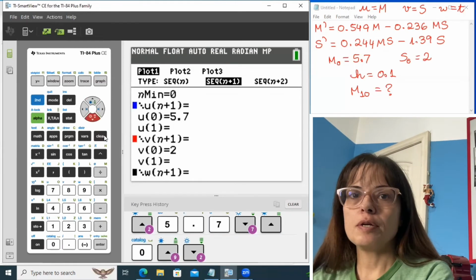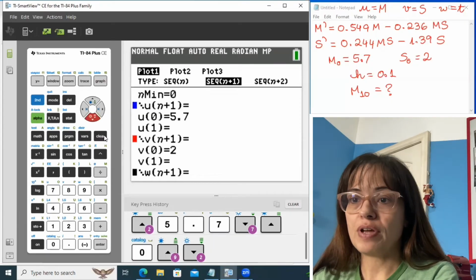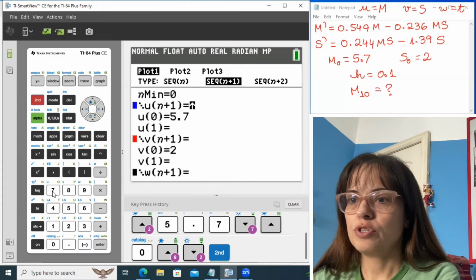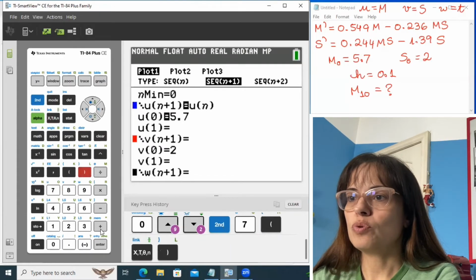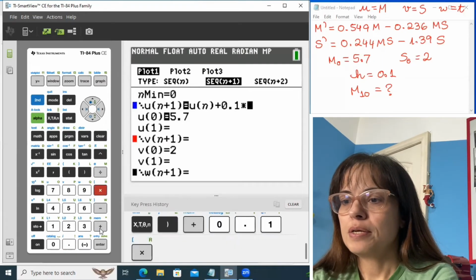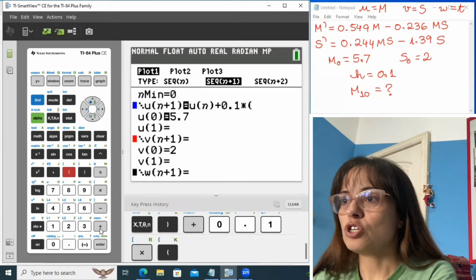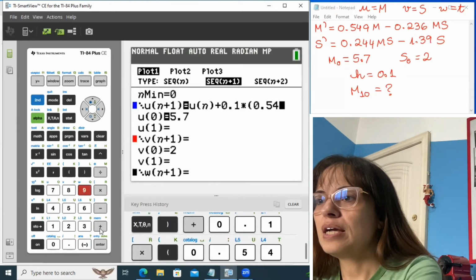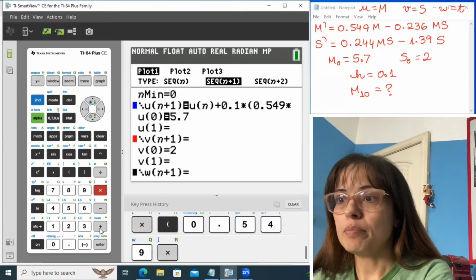Now let's type the next value of m. We have to start with the current value of m, which is un, and then we have to add the step size multiplied by the differential equation, which is 0.549 times m.